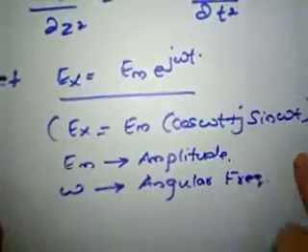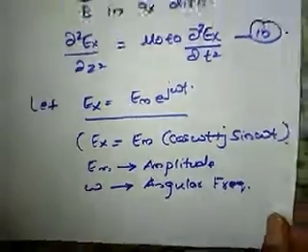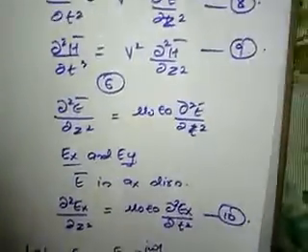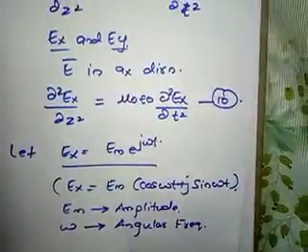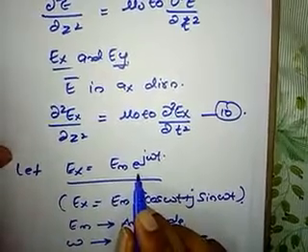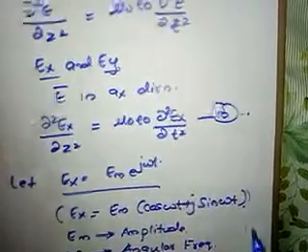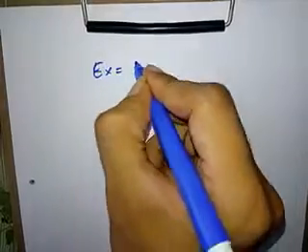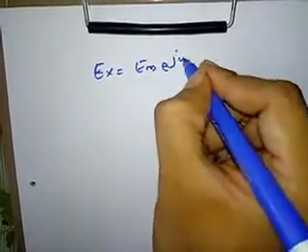Fine. Next we will partially differentiate Ex with respect to t 2 times. So if we differentiate this Ex 2 times, what we get? Ex is equal to Em into e raised to j omega t.